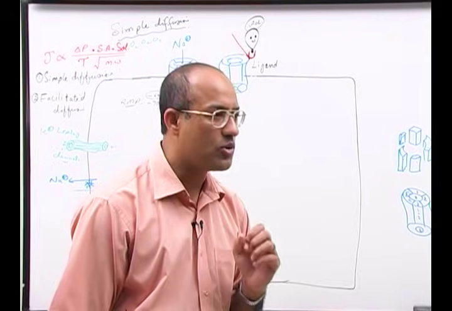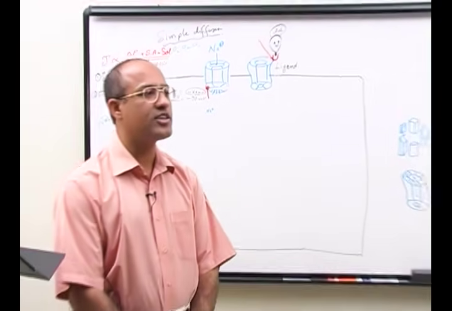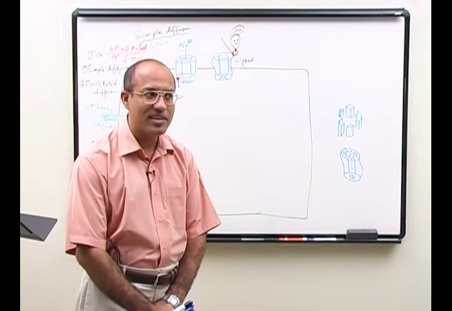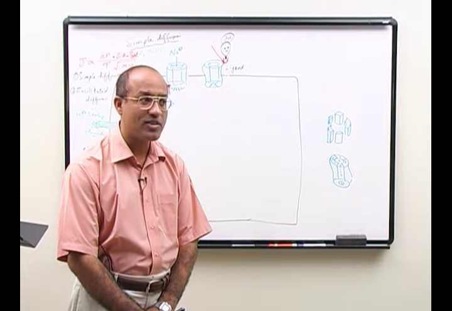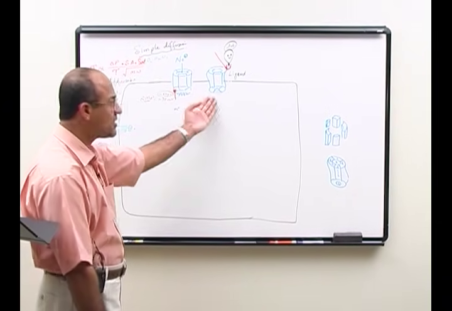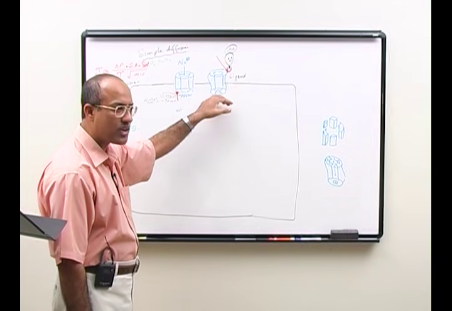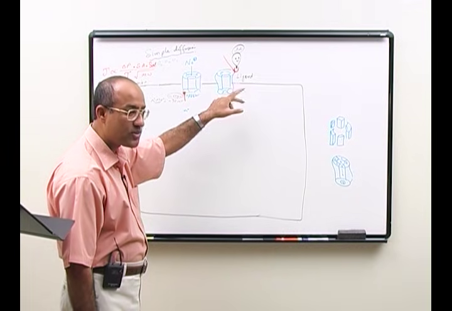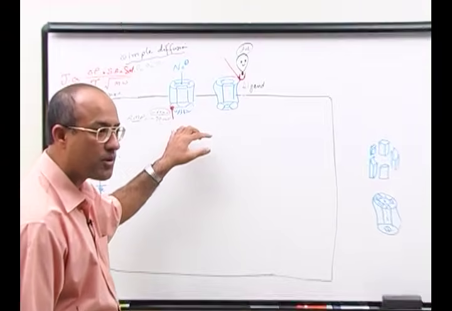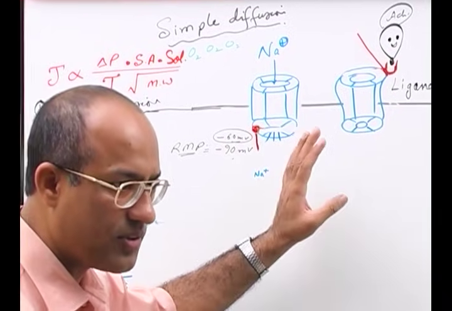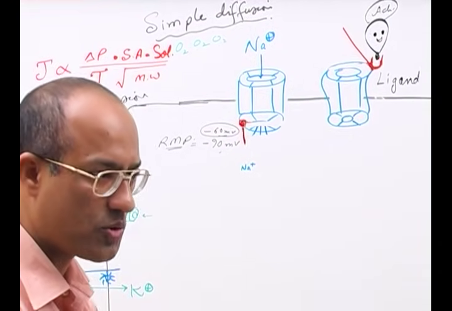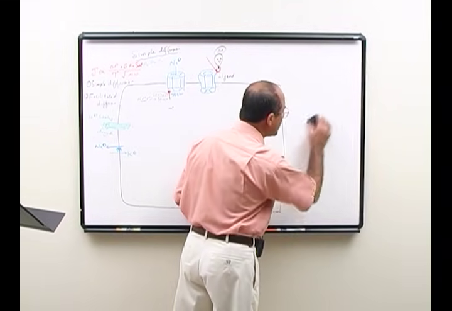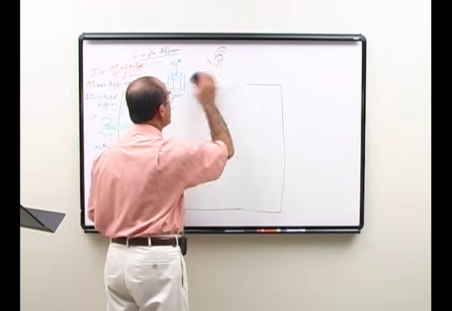So what we learned up to now is that facilitated diffusion is an example of a protein mediated cell membrane transport mechanism, because these are proteins. Glucose transport was also an example of facilitated diffusion. Ion transport across the membrane is also an example of facilitated diffusion. Do you have any question here? There is no question. Now let's go to another transport mechanism if you don't have any question up to this.